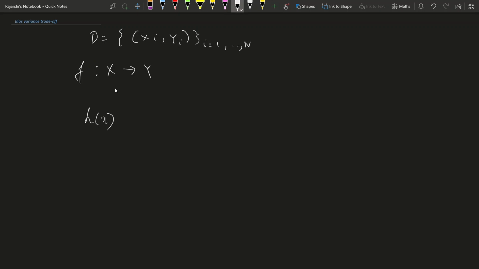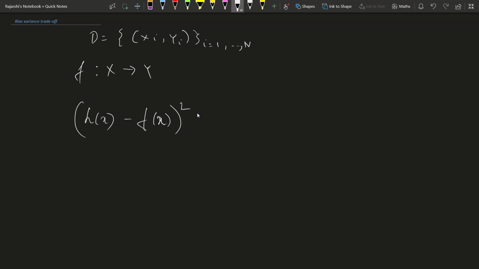Which means you're trying to approximate f of x using h of x. That approximation, how far your hypothesis is from f of x, will be given by a metric called the squared distance. This will tell you how far you are from f of x.